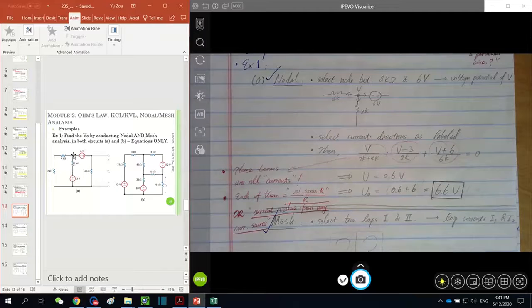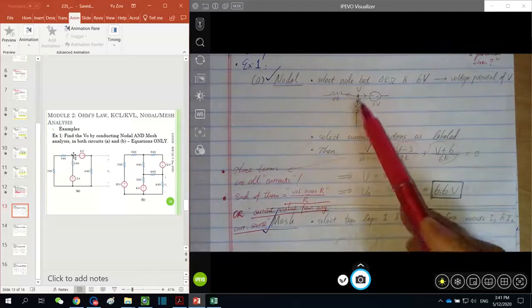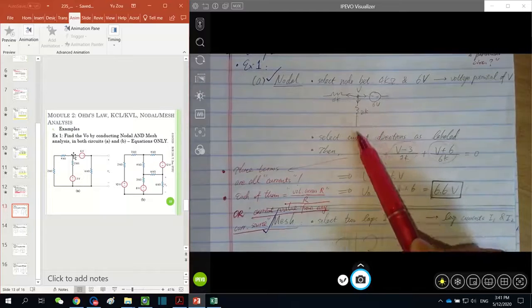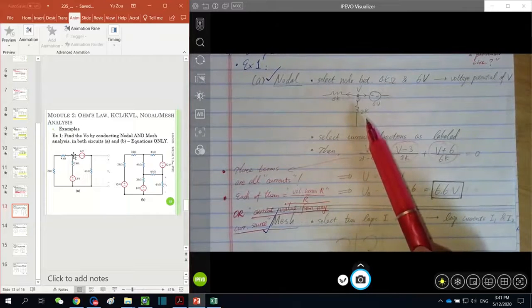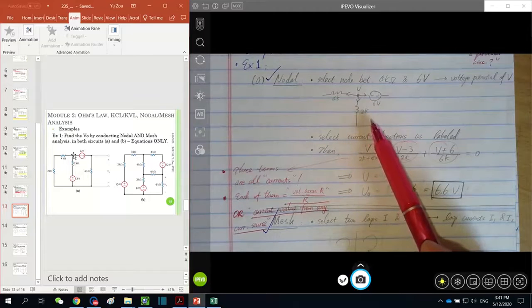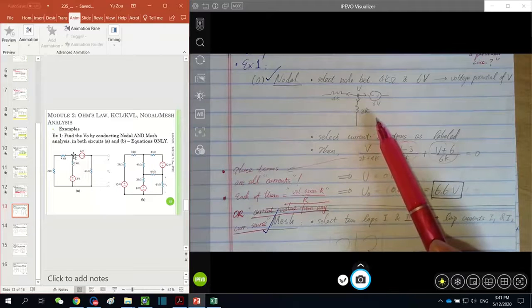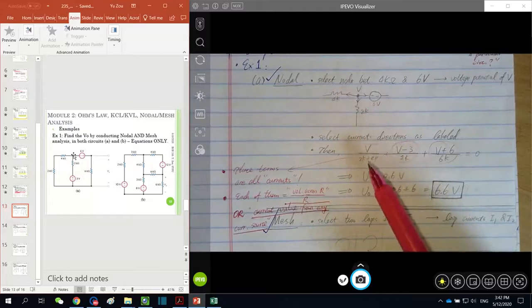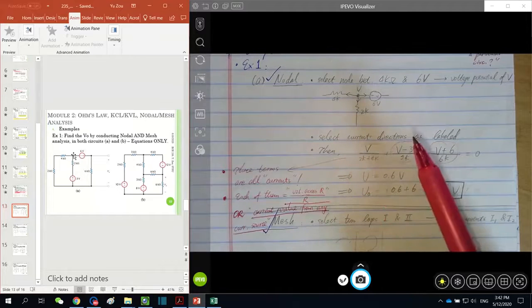So we have V minus 3, divided by 2K, equals the current flowing through here. And of course, this is also the current through the 3 volt voltage source. However, from the voltage source value of 3 volts, we can never tell the current through it. So we have to use Ohm's law on one resistor, the 2 kilo ohm, to come up with the current through this branch. Okay, be careful with this tip.